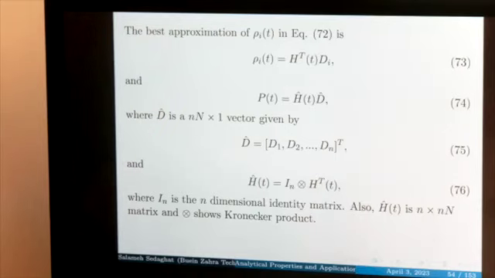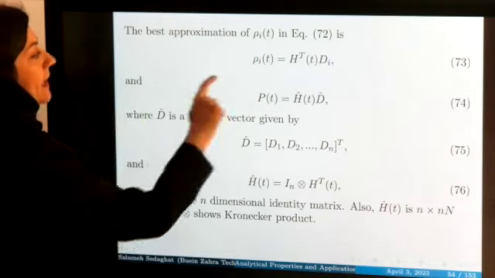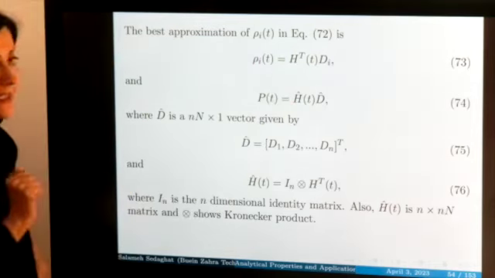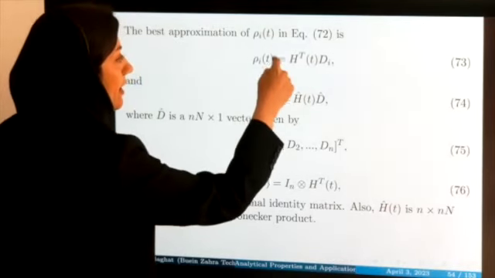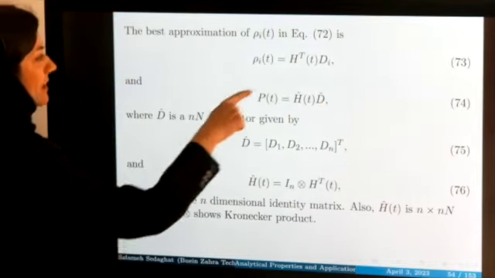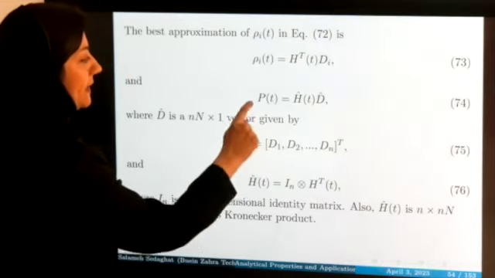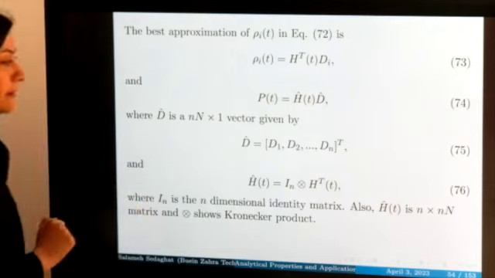The best approximation of rho i is equal to H transpose of t times d i. Here, H transpose is the base vector, and this is eta-based function. So we can write p of t here as H hat of t d hat.